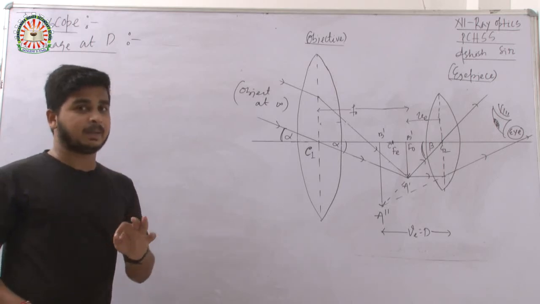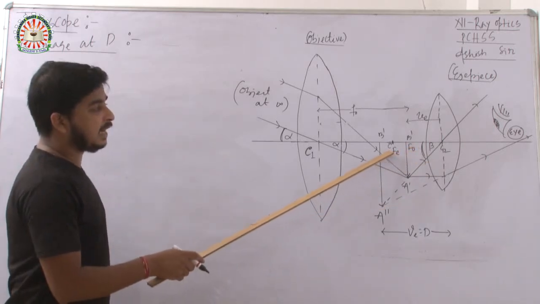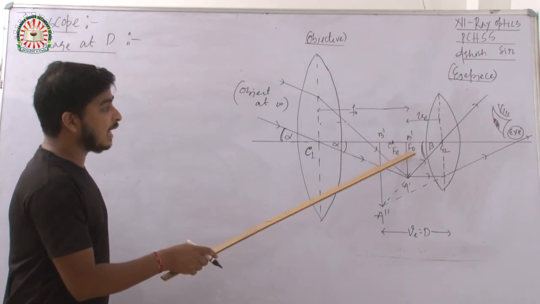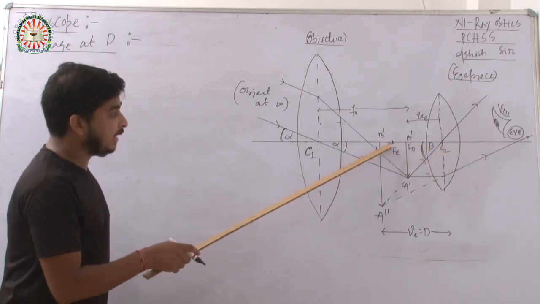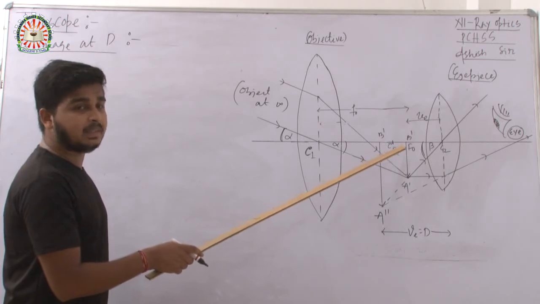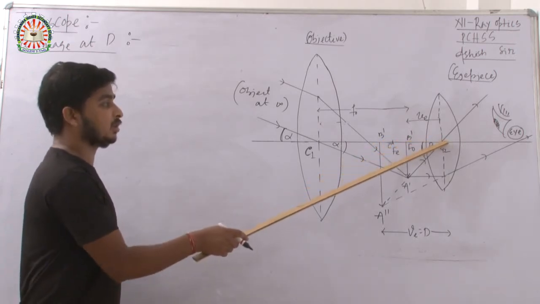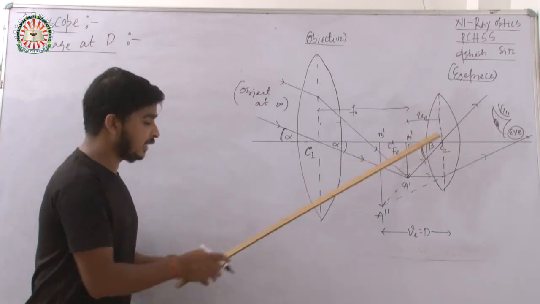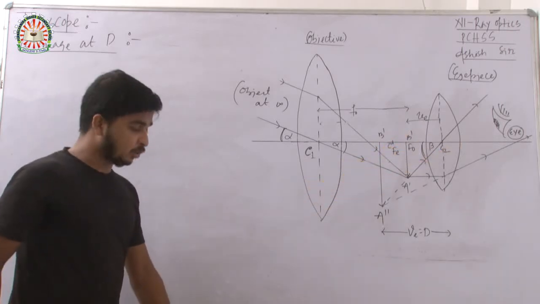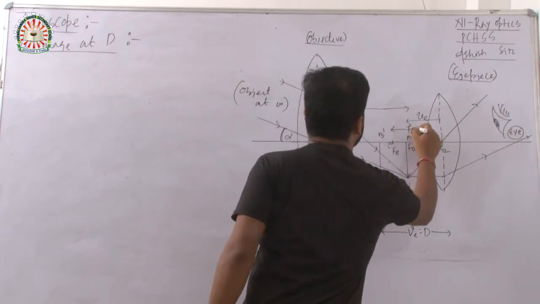Remember, this is the basic difference. In normal adjustment, FO and FE are at the same place, but here in this case the focus of the eyepiece is here, but the image is formed inside the focus. FE to C2 is known as the focal length of the eyepiece.